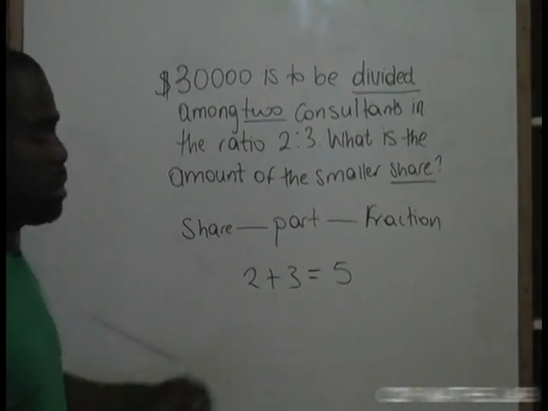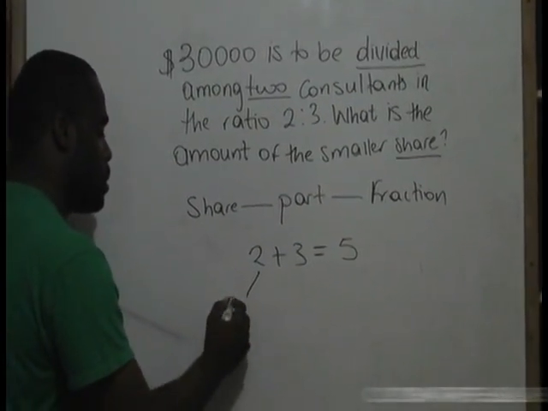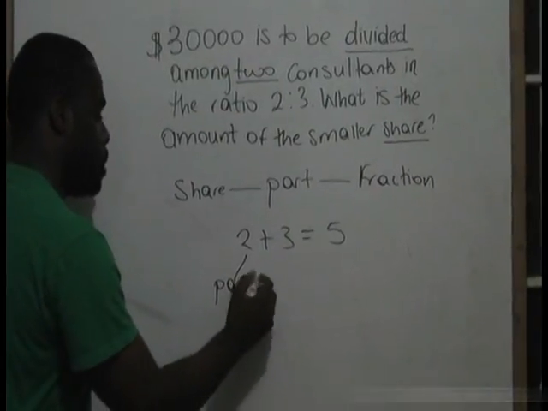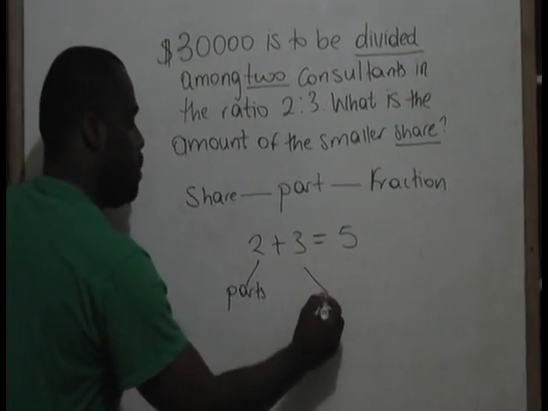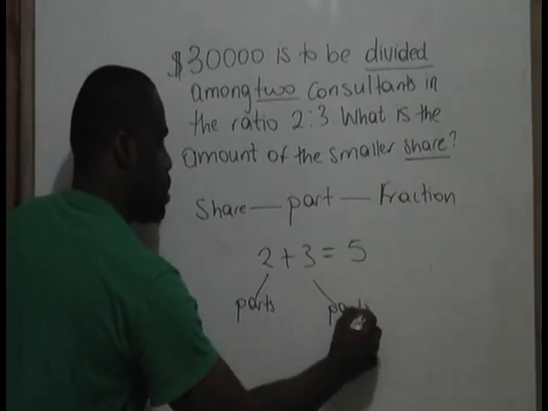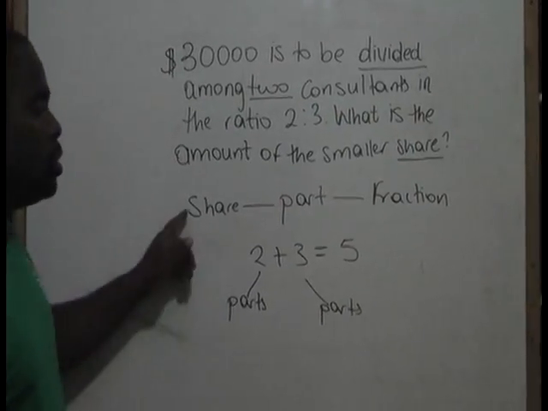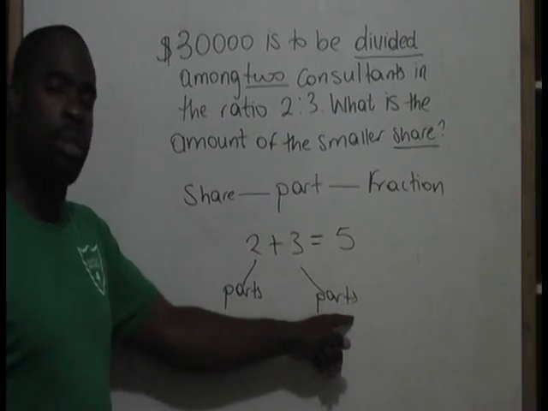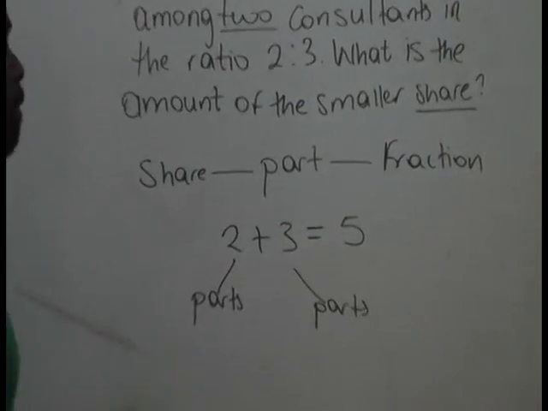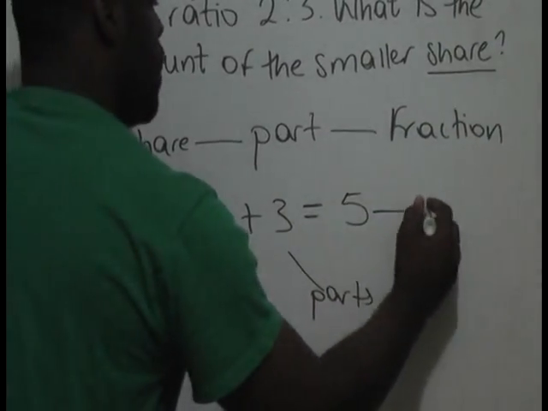This 2 is 2 parts, and this 3 is 3 parts. Or you could say 2 shares or 3 shares. So therefore this 5 is 5 parts.